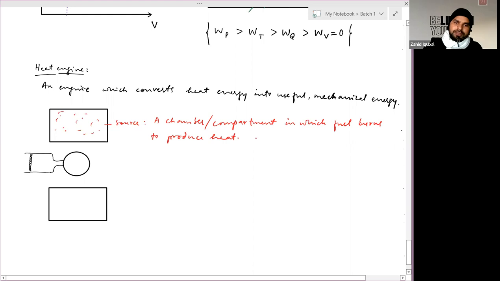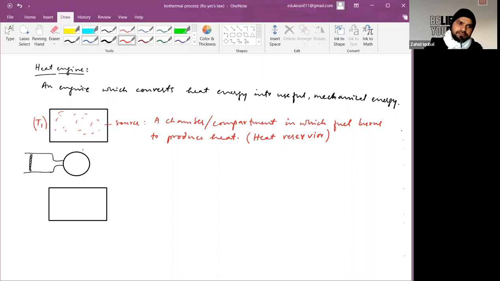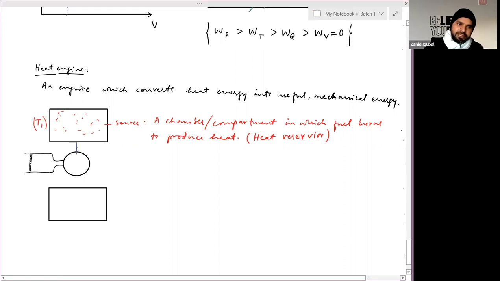This is also called the heat reservoir, having temperature T1, from which Q1 amount of heat is being extracted by this particular working tool.